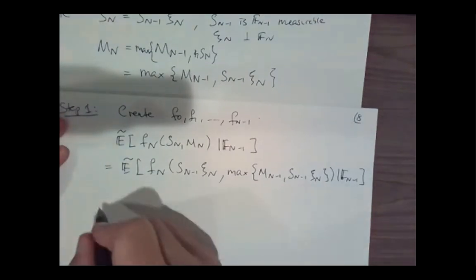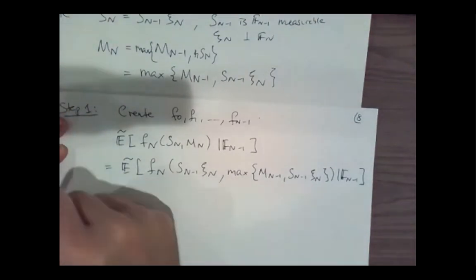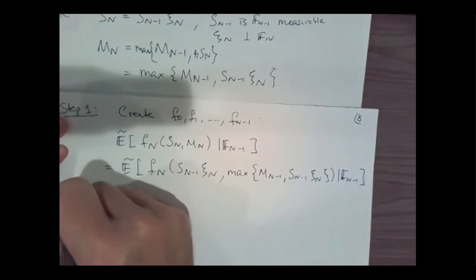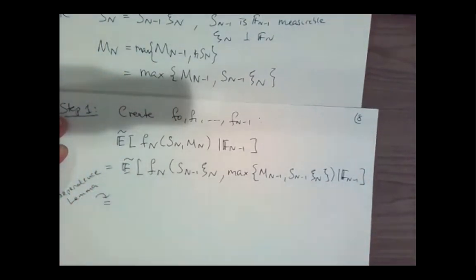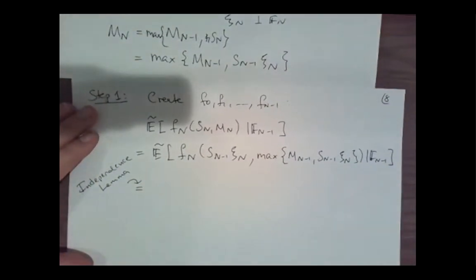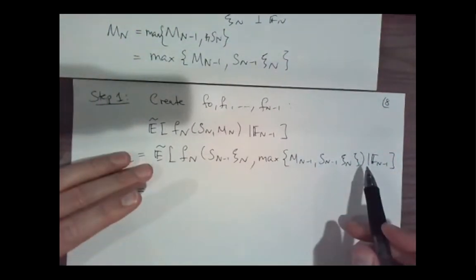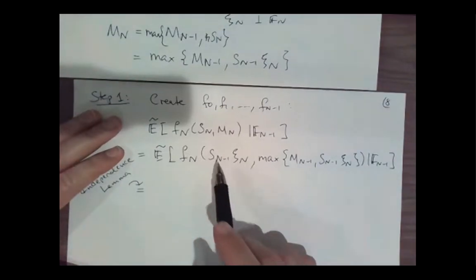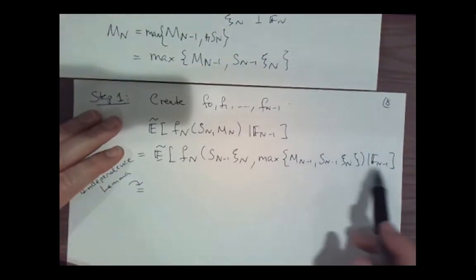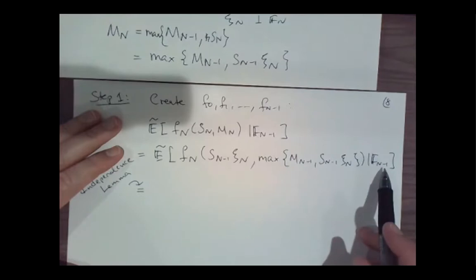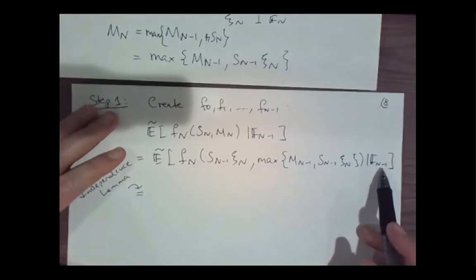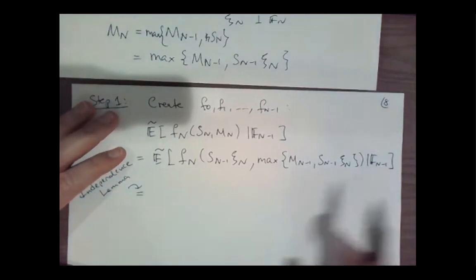Now we use the independence lemma to perform the calculation. What we need to do is take the average. So this is measurable, this is measurable, this is measurable, with respect to n minus 1. Xi n, and psi n, it's the same psi n of course, is going to be independent of what happened up to and including time n minus 1. So we take the average.